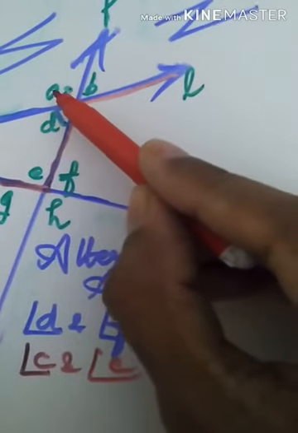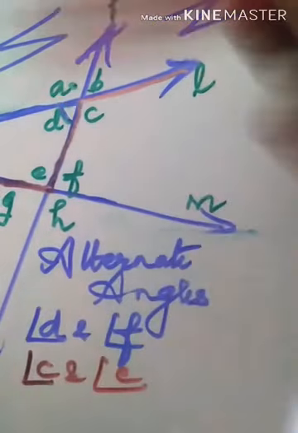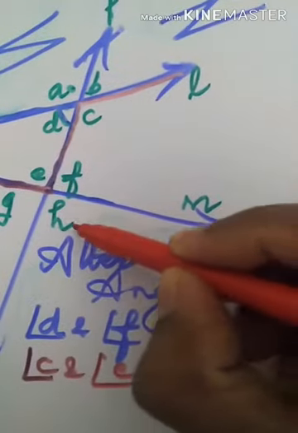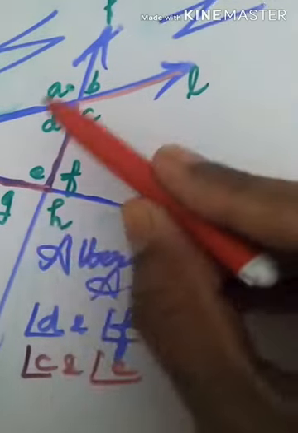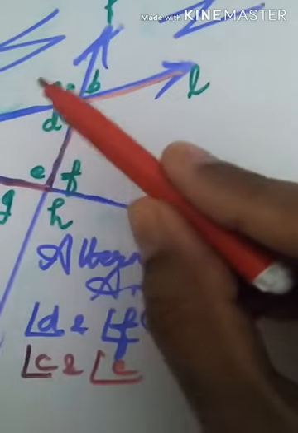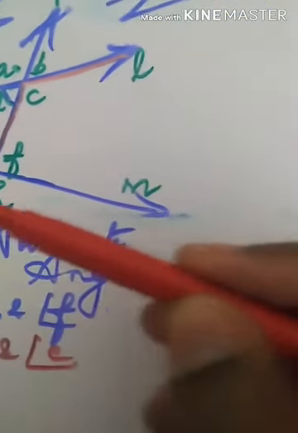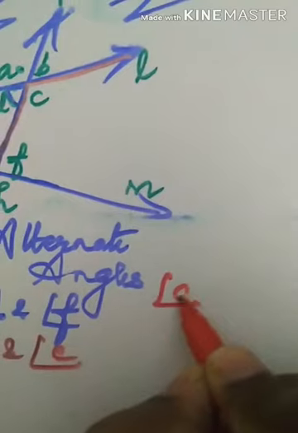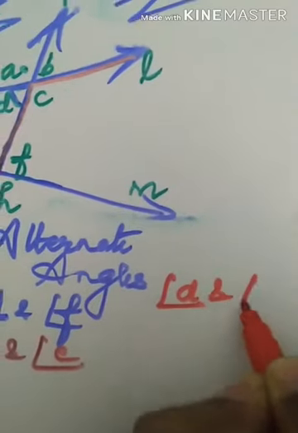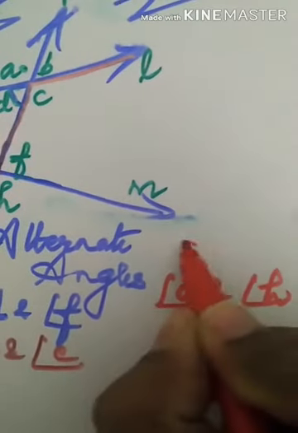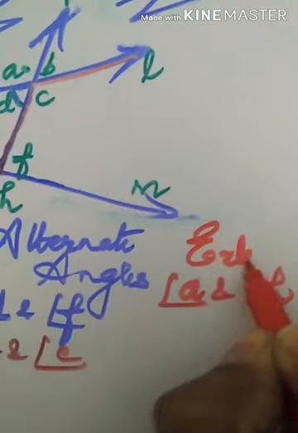Directly opposite to that A will be the other open angle, that is angle H. You can't take G because both lie on the same side. A, then the opposite side is H. So angle A and angle H are exterior alternate angles.